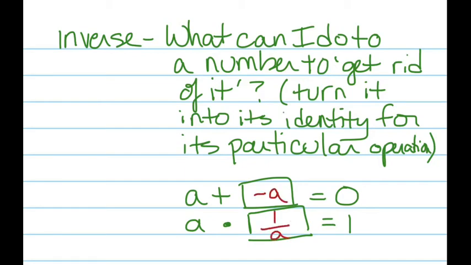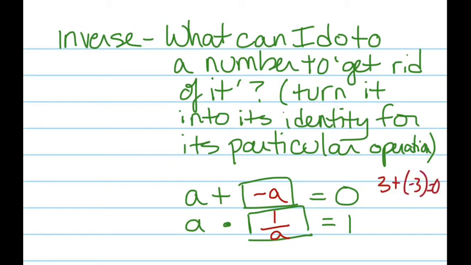Well, in the case of addition, we're going to add the opposite sign. The opposite of A is negative A if we're talking about addition. That's how we get to 0. The opposite of A is 1 over A, or the reciprocal of A, if we're talking about multiplication, because that's what we can do to get to 1.